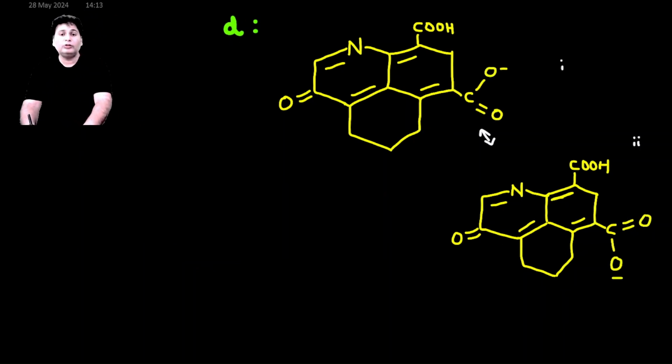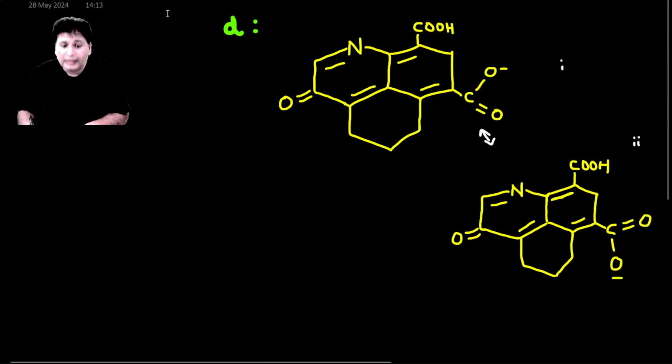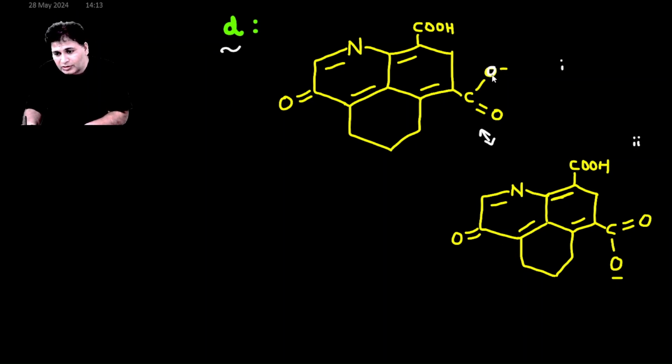Now coming on to the hydrogen number D. Now as you see the hydrogen number D, it was connected with this oxygen because you now have to remove the hydrogen associated with the carboxylic group COOH.